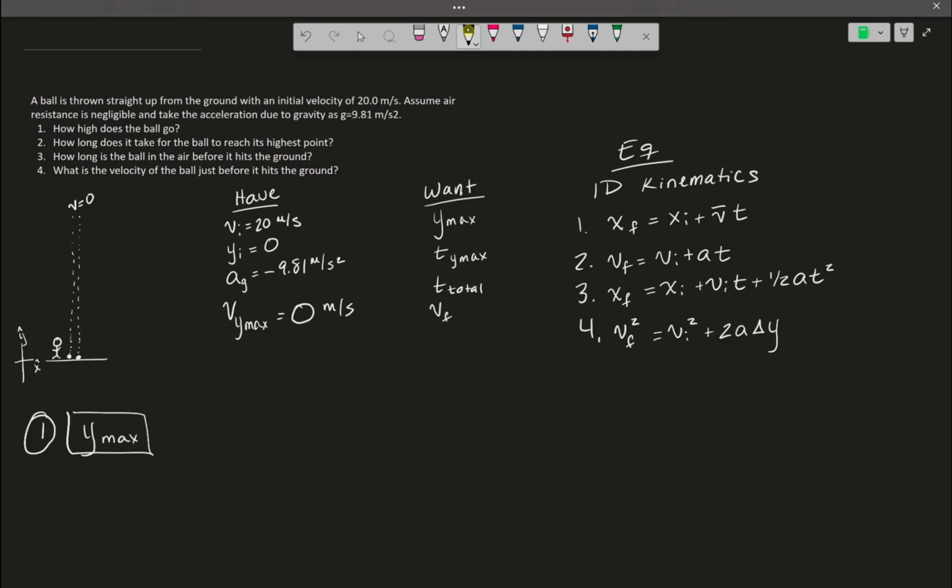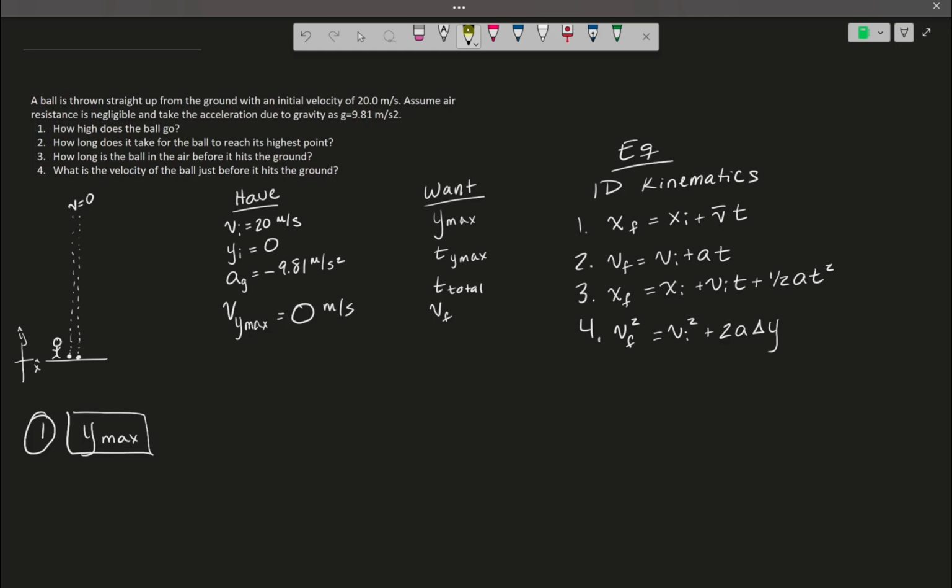Okay? So if we think about this, we take a ball, we toss that ball up into the air. It has a certain amount of velocity whenever I release it from my hand. As this ball moves up in the air, it starts to slow down because of the acceleration pulling downwards towards the earth due to gravity.